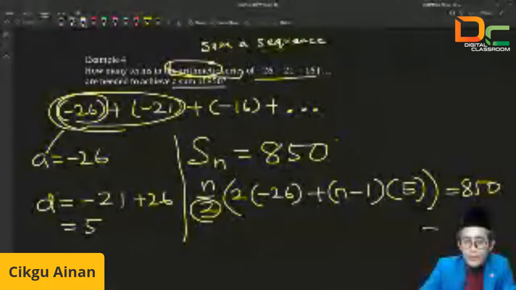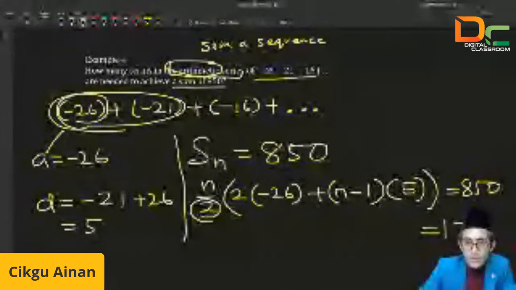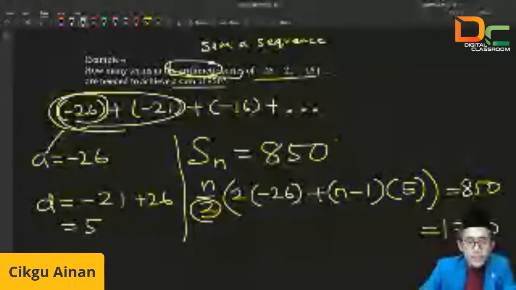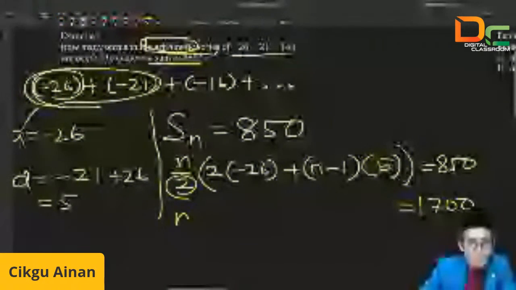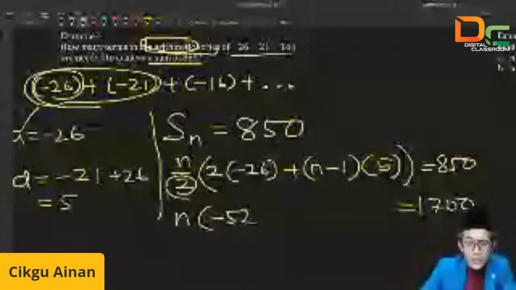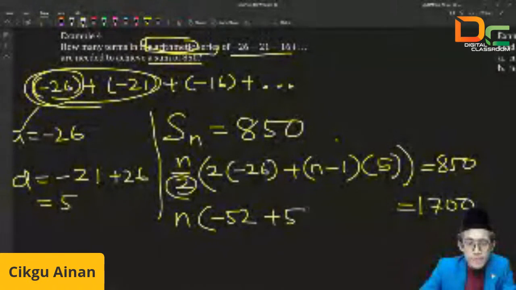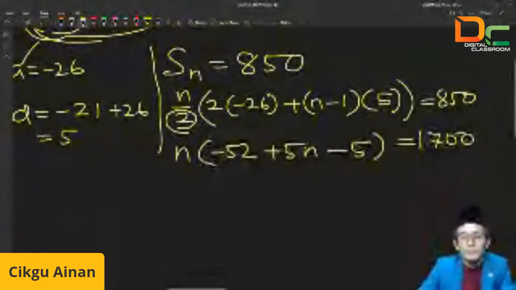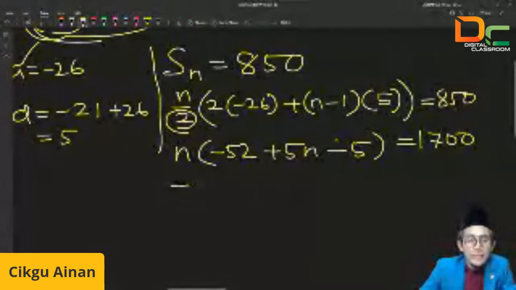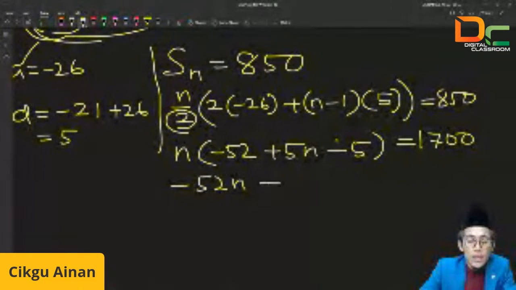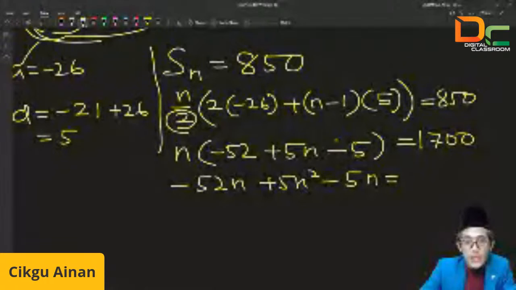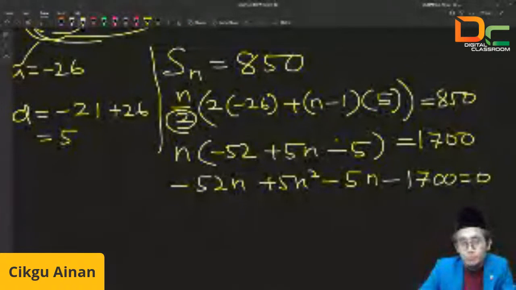This one maybe I bring over there, so it becomes 1700. So we have n multiplied by minus 52 plus 5n minus 5. Multiply the n: minus 52n plus 5n squared minus 5n minus 1700 equals 0.